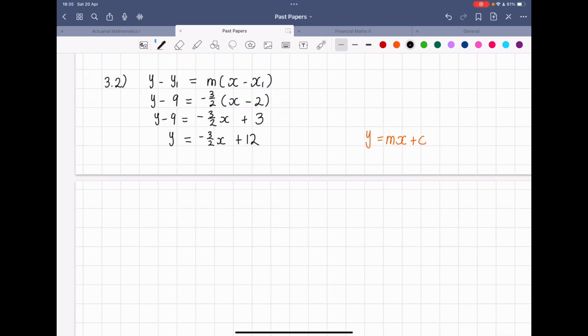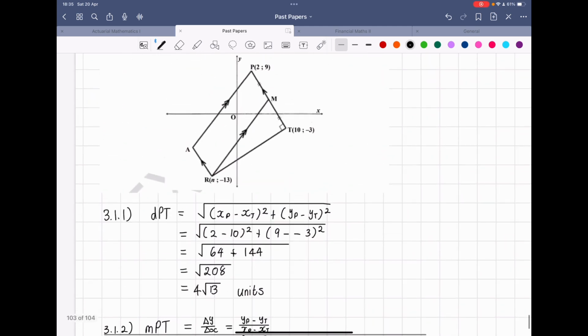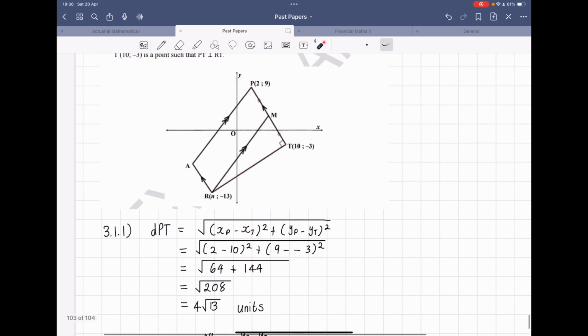Then 3.3, we're asked to show that n is equal to 5. So n we were given is the x value of R. For n to equal 5, I can use the reverse of the midpoint formula, because I know that RT is perpendicular to PT. I was given that in the question.